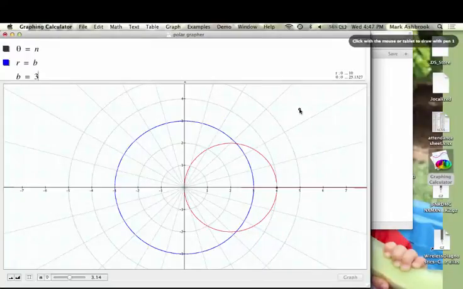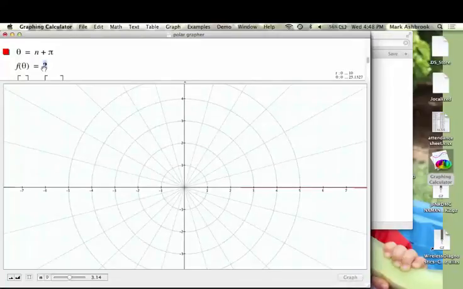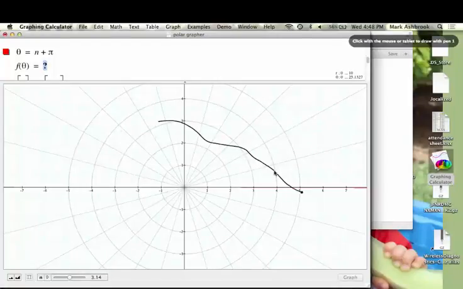Area. Okay, so we want to talk about area.